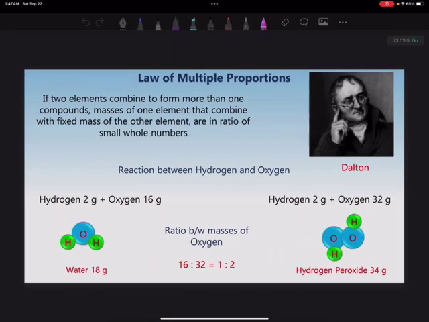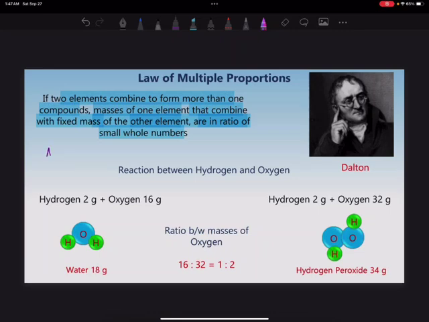Law of multiple proportions states that if two elements combine to form more than one compound, the masses of one element that combine with a fixed mass of another element are in a ratio of small whole numbers.